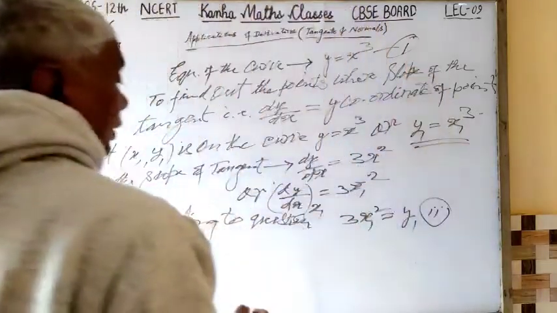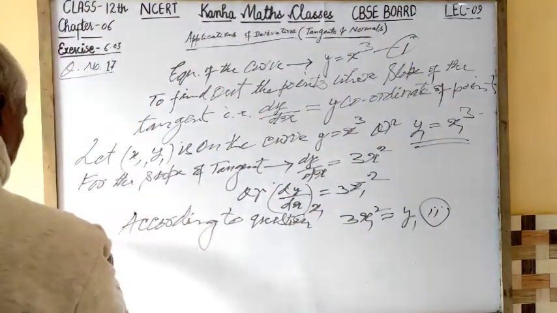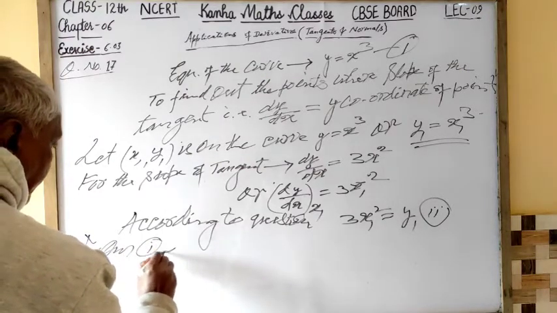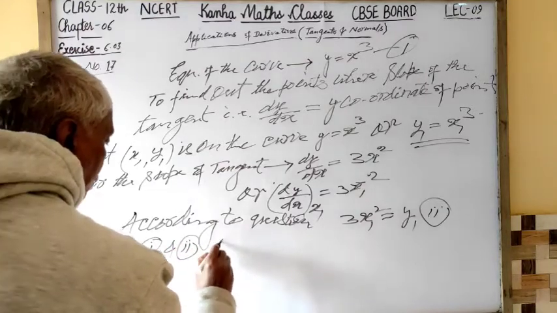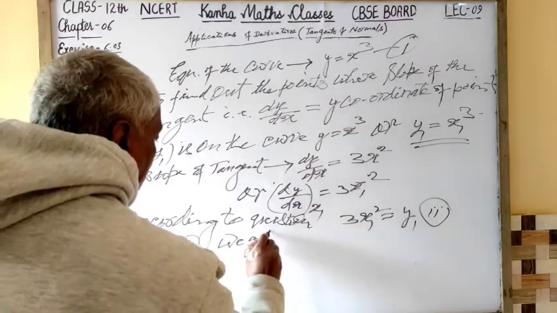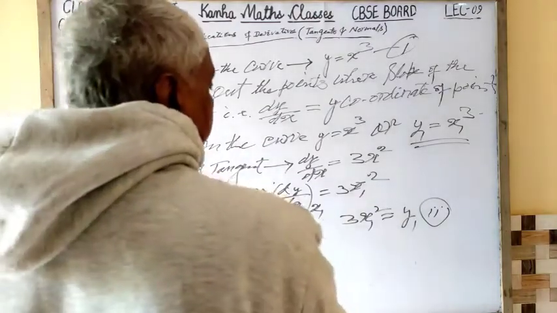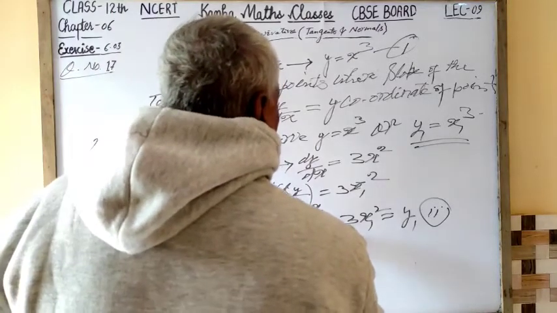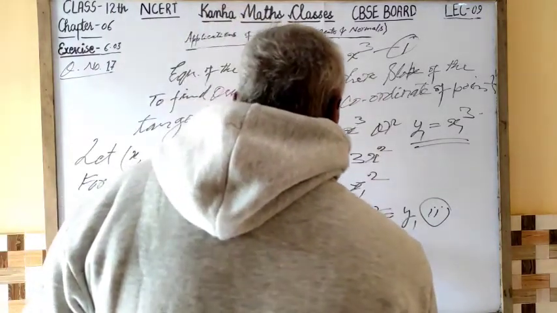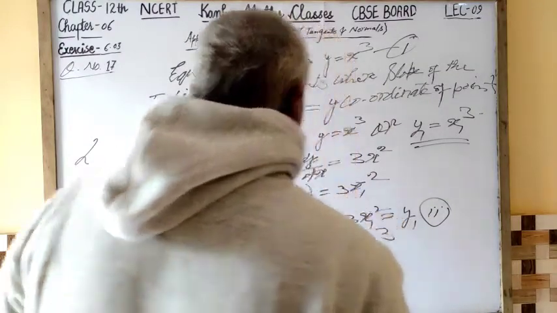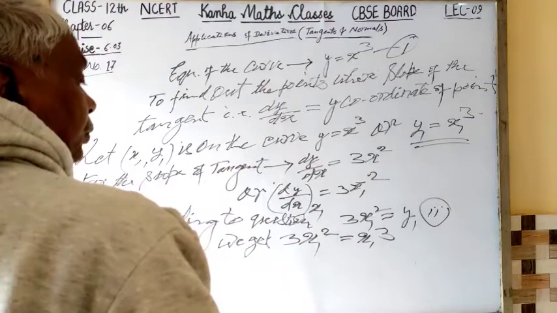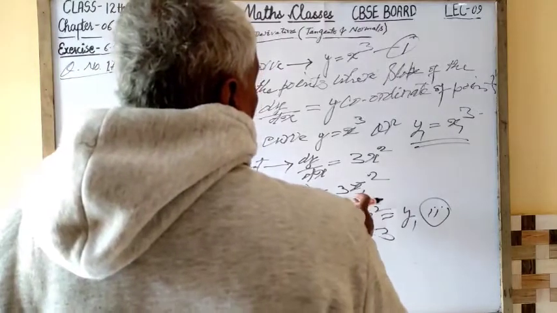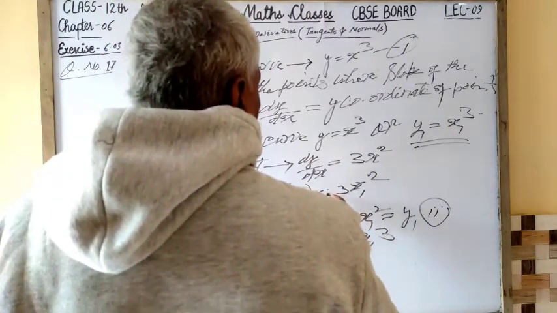Now from equation 1 and 2, we get 3x1 square is equal to x1 cube, because you have found out the y coordinate.